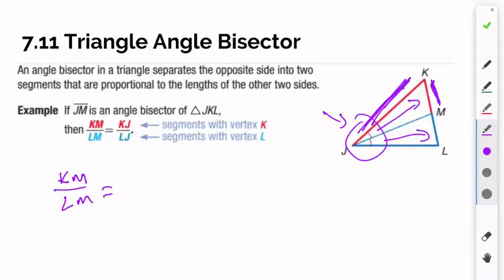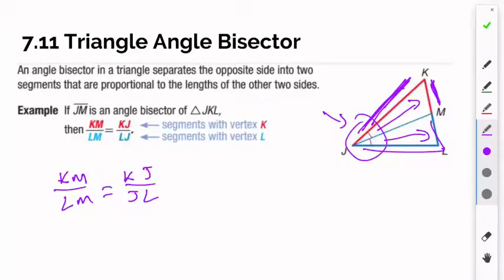Notice it's just like cutting this into two triangles pretty much. So if you think about it, cutting it into two triangles, the triangle that goes with KM, that side opposite would be side JK or KJ, how they wrote it down here. So KJ over the opposite side on the bottom half of the triangle, which would be JL.